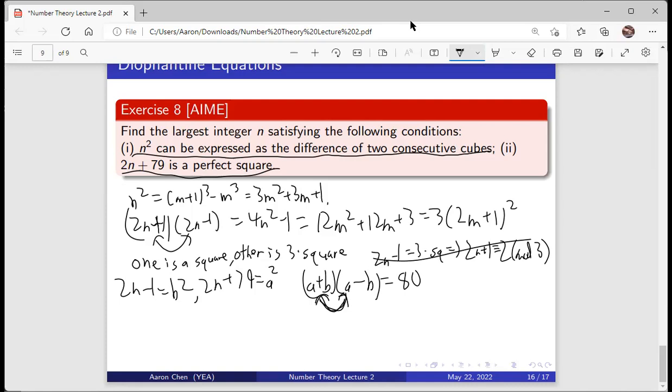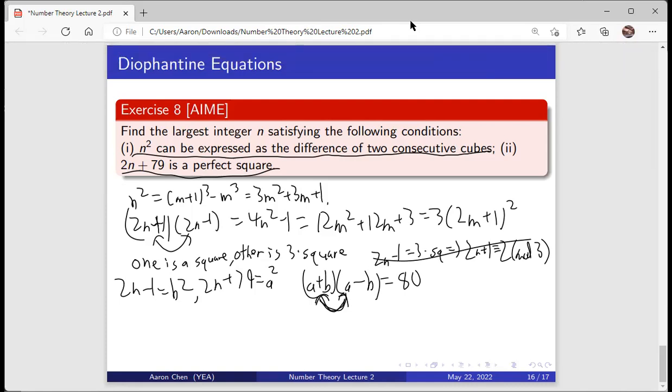And so we also need to check that the value for m is an integer. So to maximize this, we can just have a plus b equal 40 and a minus b equal 2. And so that gives that a equals 21 and b equals 19.